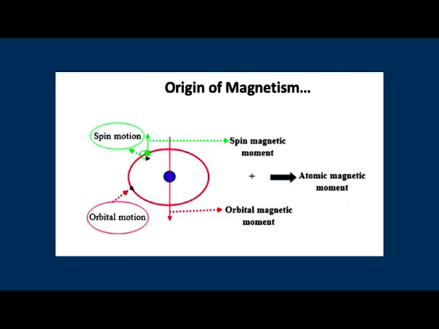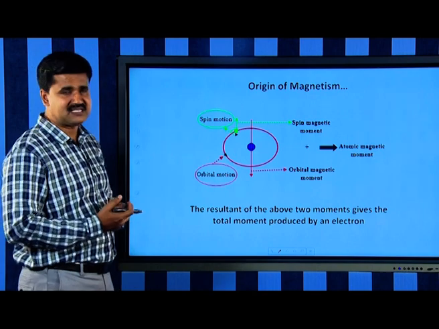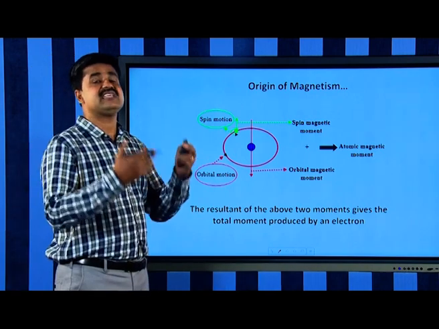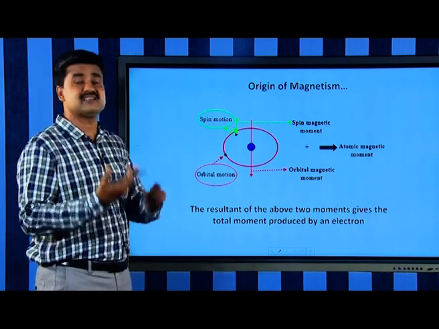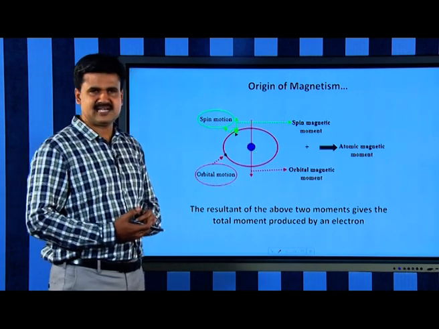Spin motion leads to spin magnetic moment, and orbital motion of the electron leads to orbital magnetic moment. Then how will we get the total magnetic moment? The total magnetic moment is simply the vector sum of the spin magnetic moment and the orbital magnetic moment.